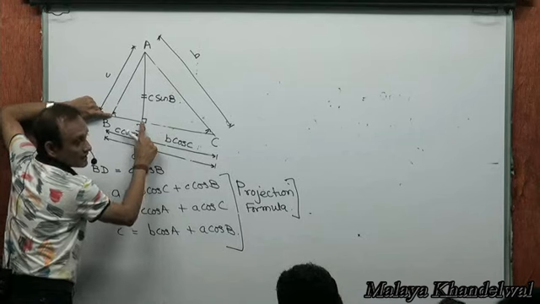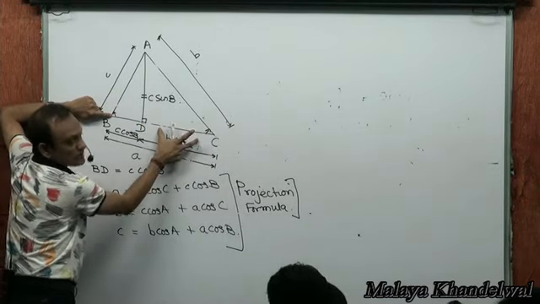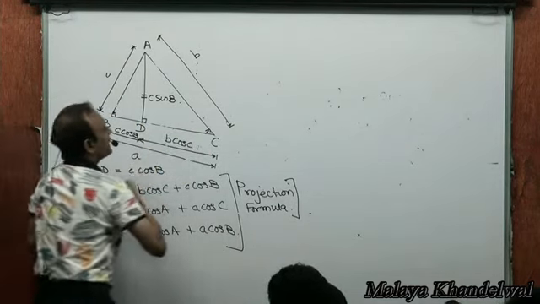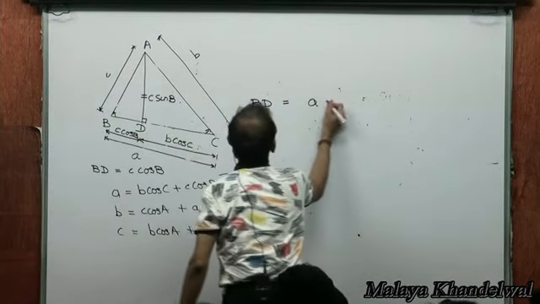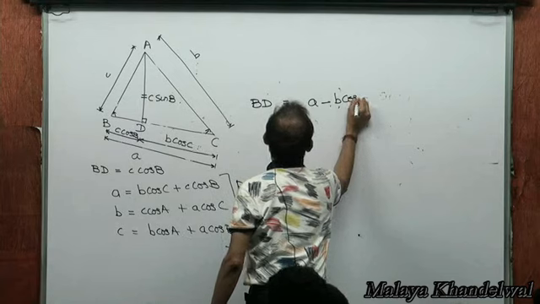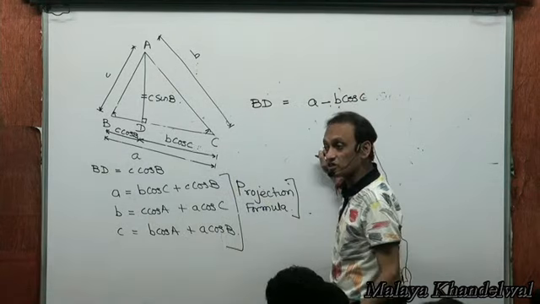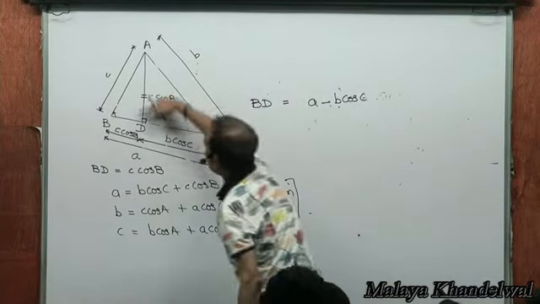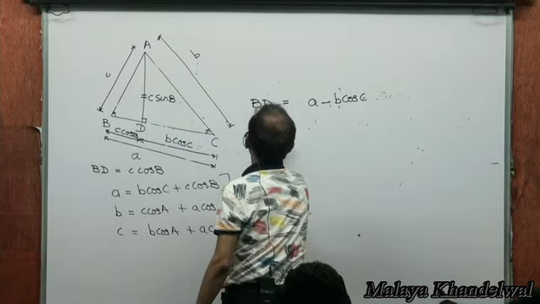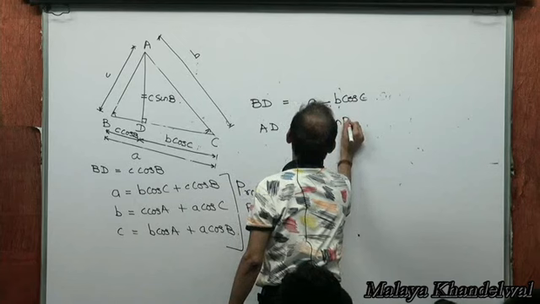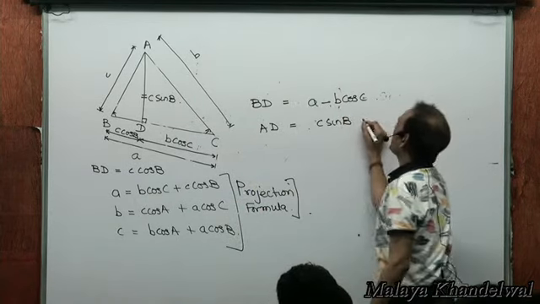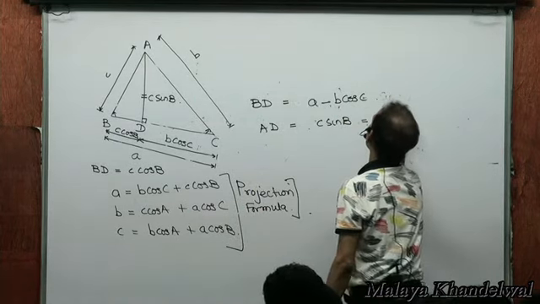Now, realize BD is a minus b cos C. BD can be written as a minus b cos C, and AD is c sin B. But can I say c sin B is the same as b sin C?